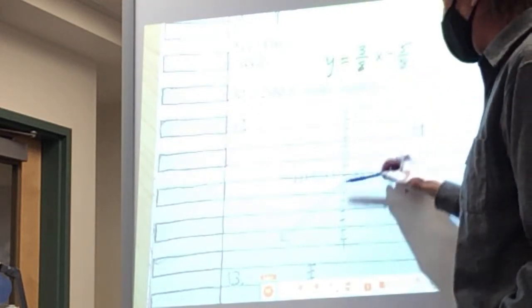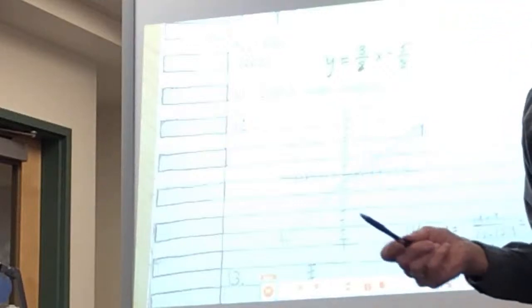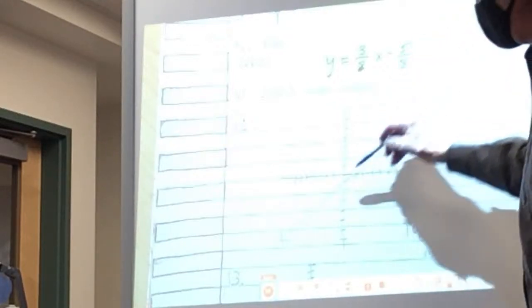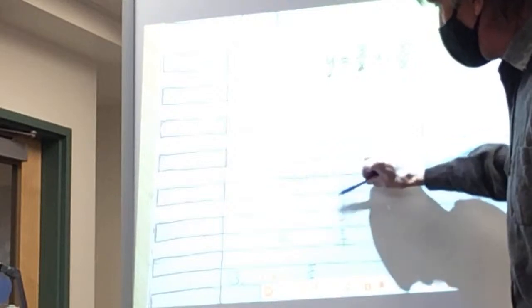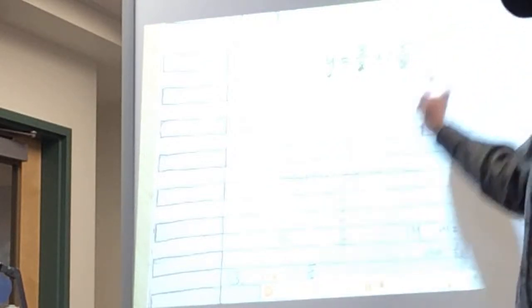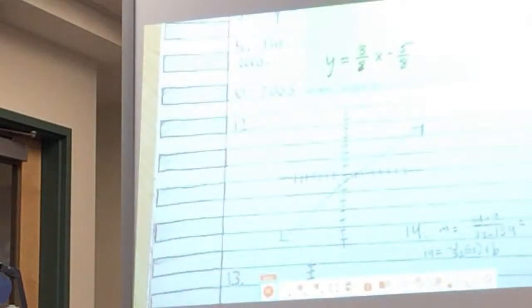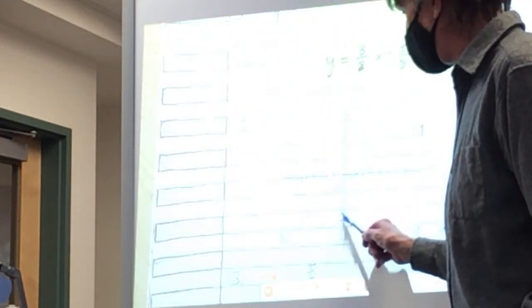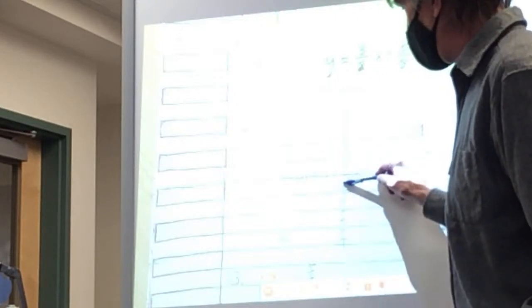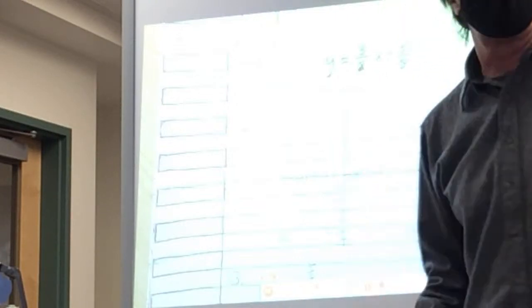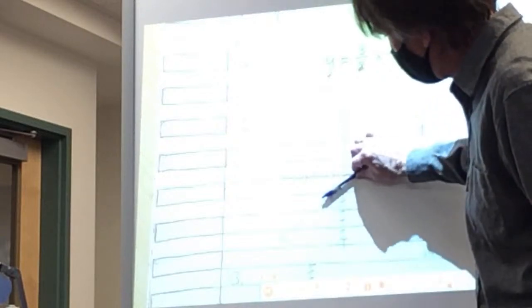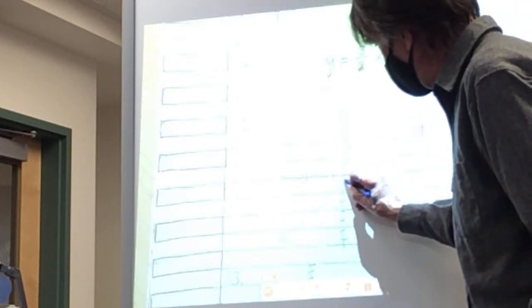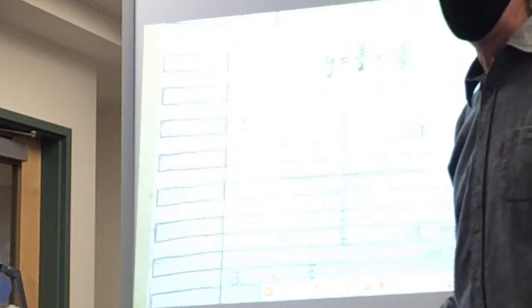So this line has a negative y-intercept, which is good. But this one goes all the way down to 1, so where would you move that line to make it go through negative 5/8? If each one of these little tick marks is equal to 1, is this going to move up or move down? It's going to move up just a little bit. Negative 5/8 is going to be just a little bit down from a half.